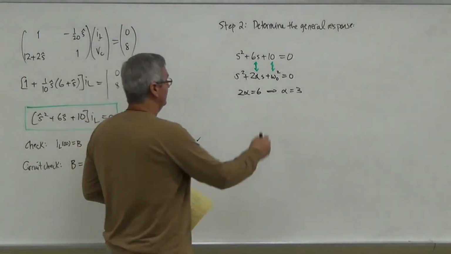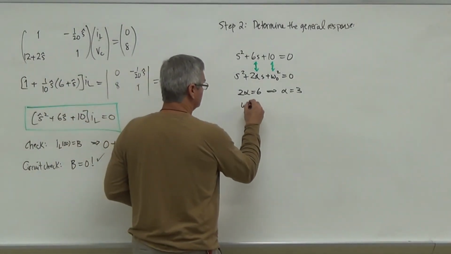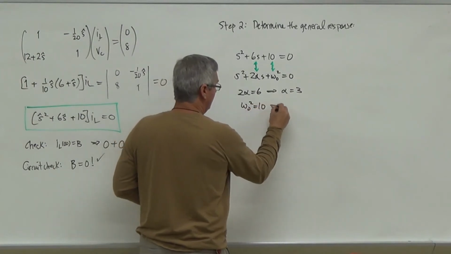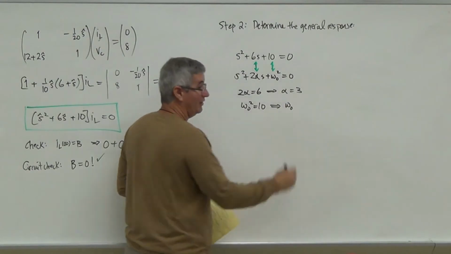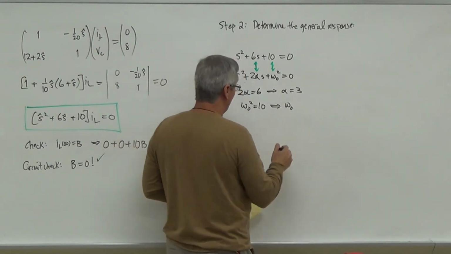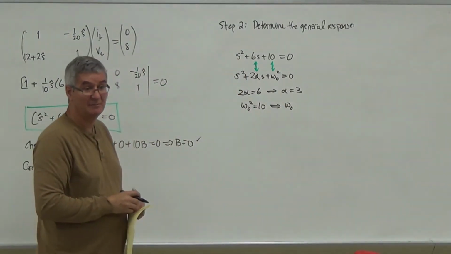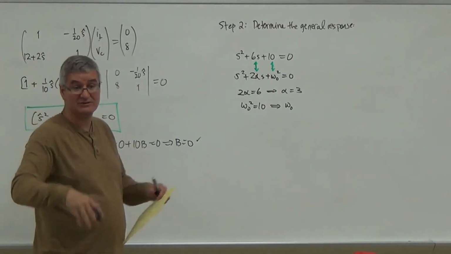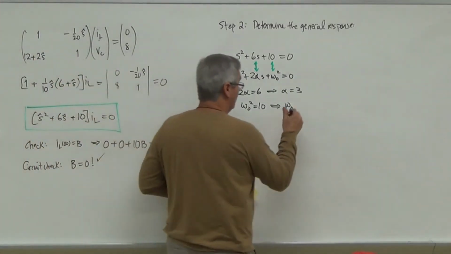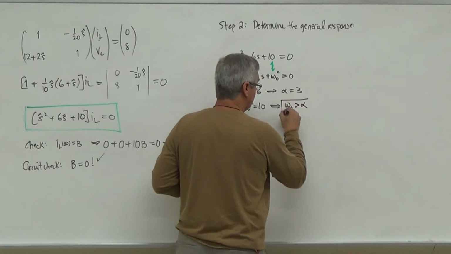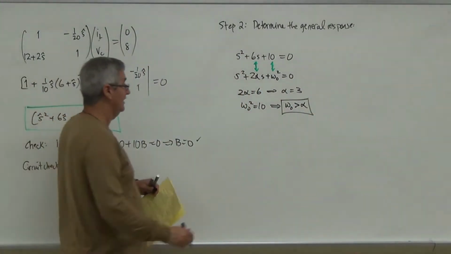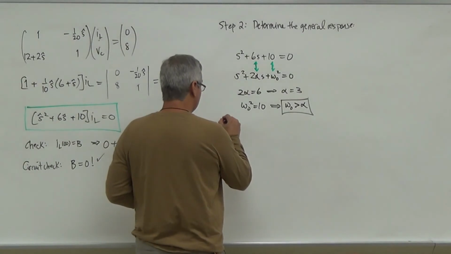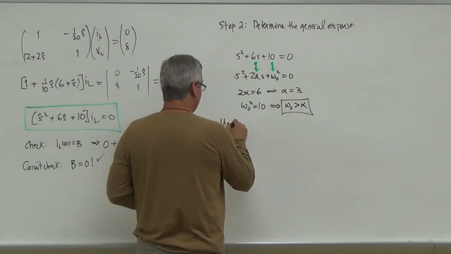And then the second equation says that omega naught squared is equal to 10, and you know that omega naught is already greater than alpha. I don't know what the square root of 10 is, but it's probably like 3.1 or something like that. Whatever this is, we definitely know that that has to be the case. If that is the case, we can immediately say that we now have underdamping.